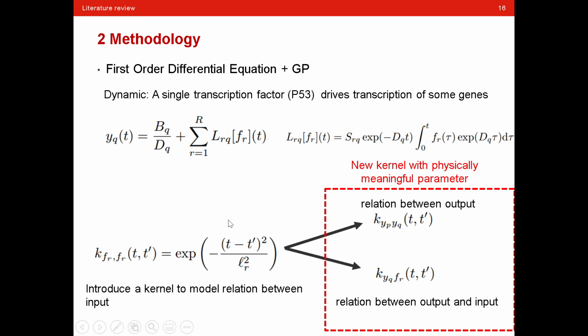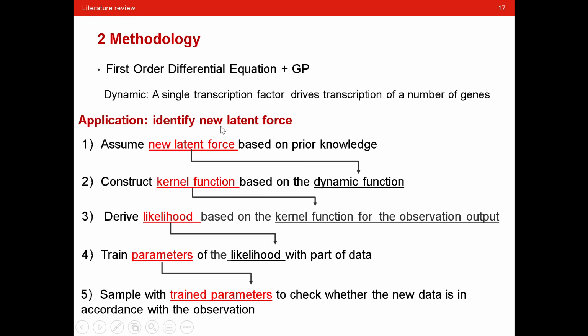And here is the application of this model I summarized from the paper. They first assume a latent force based on some prior knowledge, and based on this latent force they can formulate a dynamic function, based on which they can construct a kernel function to encode the relationship between inputs.